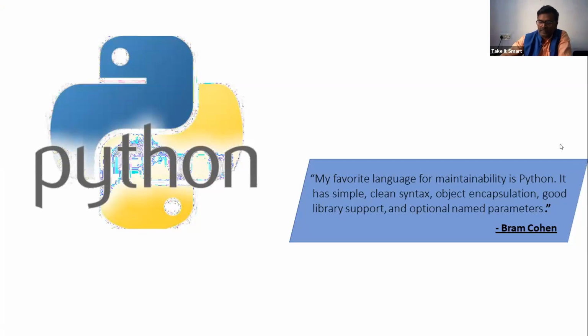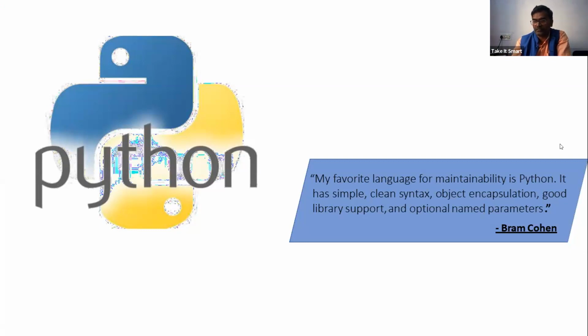It's an object-oriented programming language. Bram Cohen said that his favorite language for maintainability is Python. It has simple, clean syntax, object encapsulation, good library support, and optional named parameters.